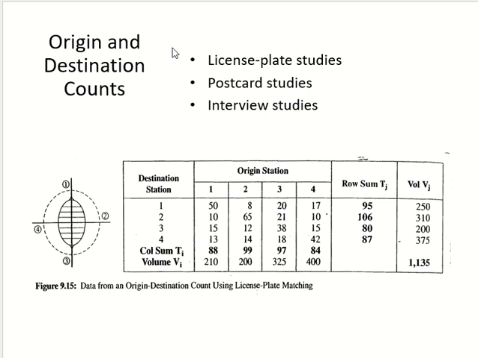To do these studies, we have three methods for origin destination counts: license plate studies, postcard studies, and interview studies. In all these specialized counting studies, the first thing you have to do is establish the area for which you are finding out the demand. So this city is my area, or this country, or this state.